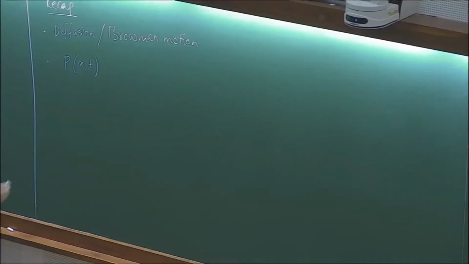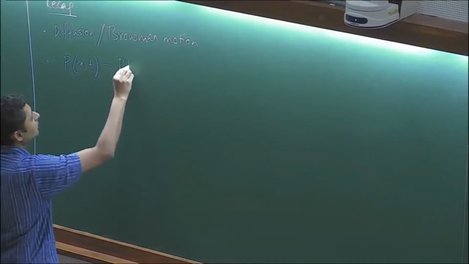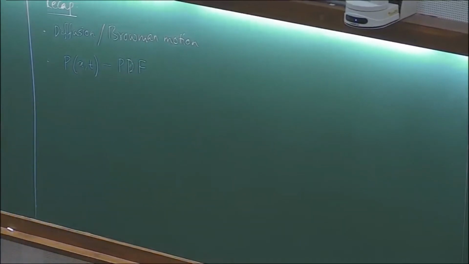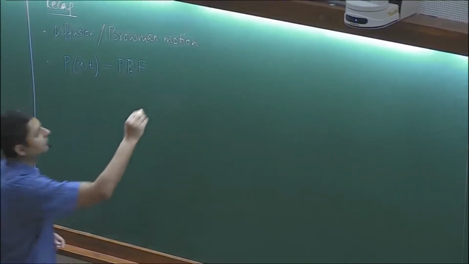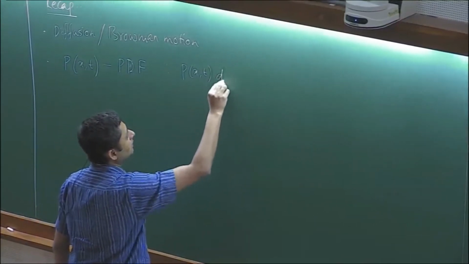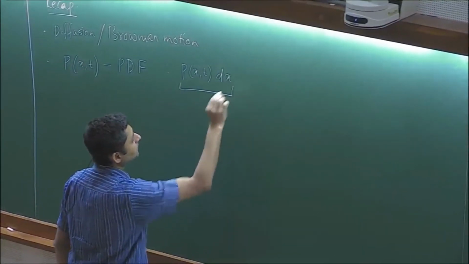So this is the PDF, probability density function. It means that P of x, t dx is the probability of finding the particle between x and x plus dx at time t, right?